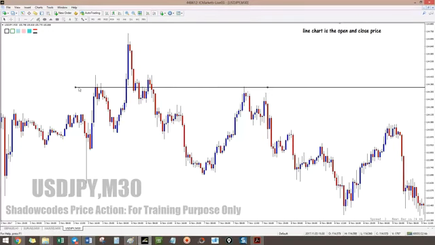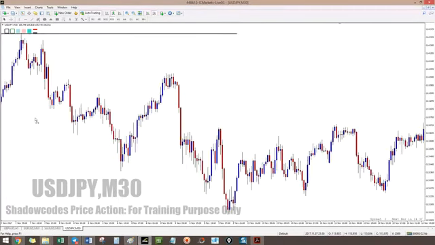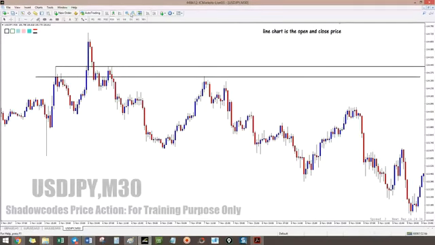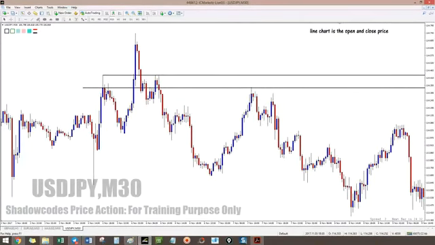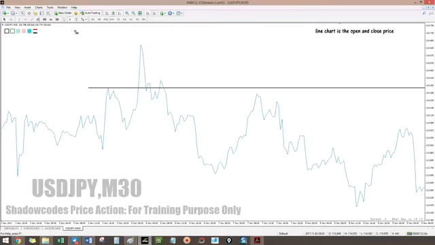But if you take this over here, you can get the entry for HNS. But over here, you will miss out on a trade. A lot of trades will be missed. So just take this open and close price as your high or your left shoulder.